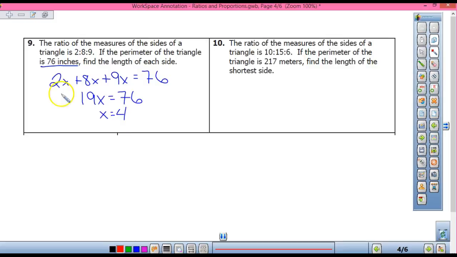And then each side, plugging it in. 2 times 4 is 8. 8 what? Inches. 8 times 4, 32 inches. And 9 times 4, 36 inches. Not so bad, right?